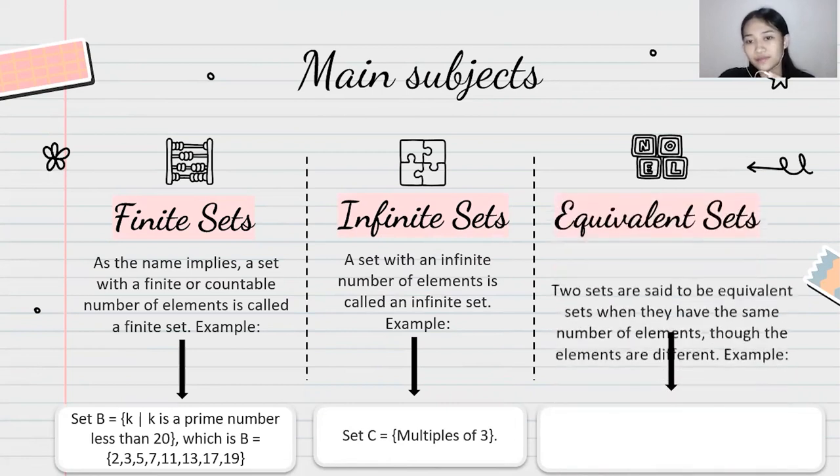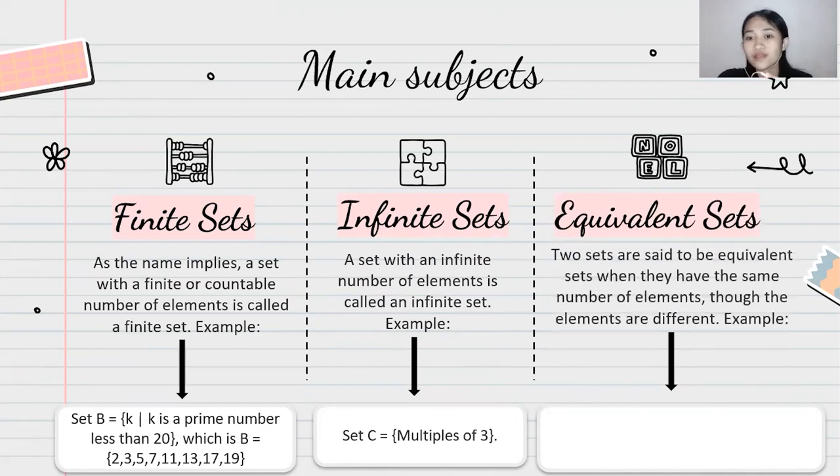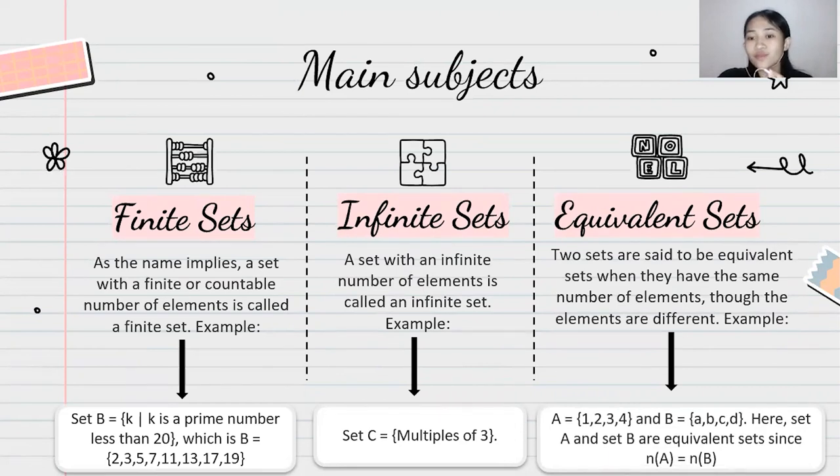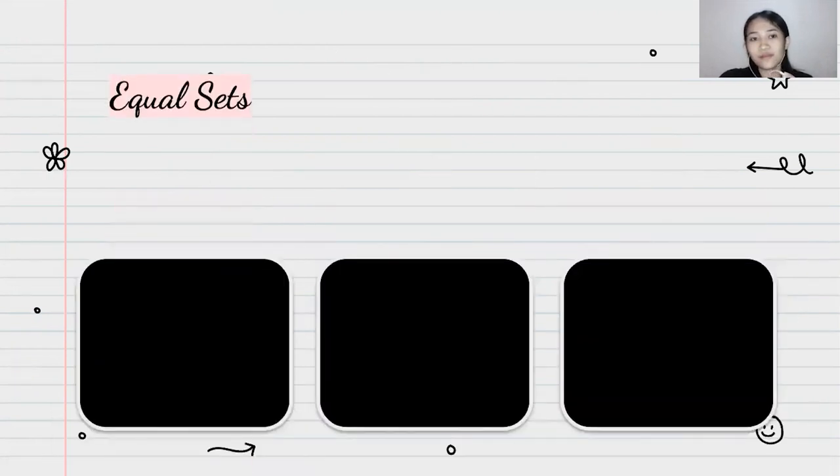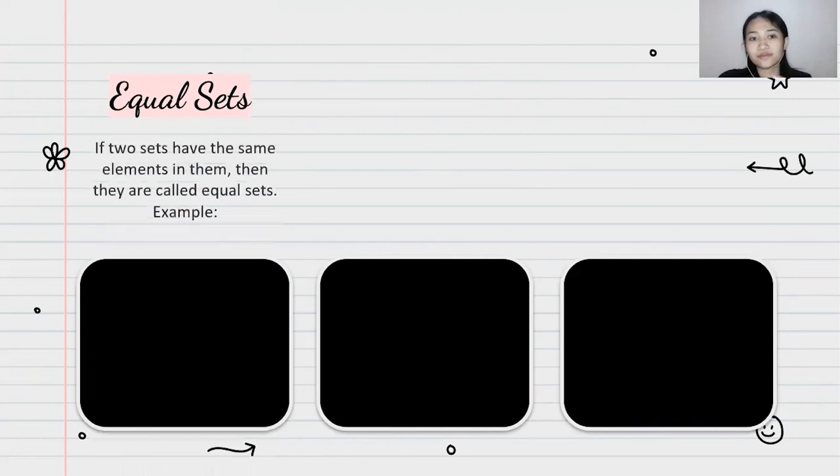Equivalent set. Two sets are said to be equivalent sets when they have the same number of elements, though the elements are different. For example, set A is {1, 2, 3, 4}, and set B is {A, B, C, D}. Here set A and set B are equivalent sets, denoted A equivalent to B. Equal set.